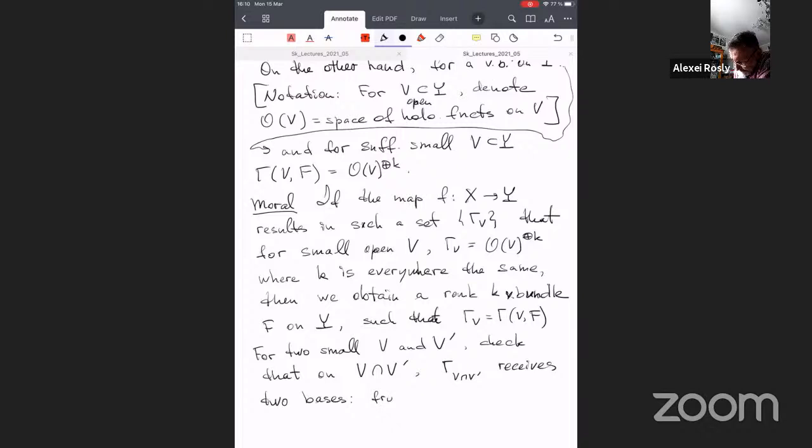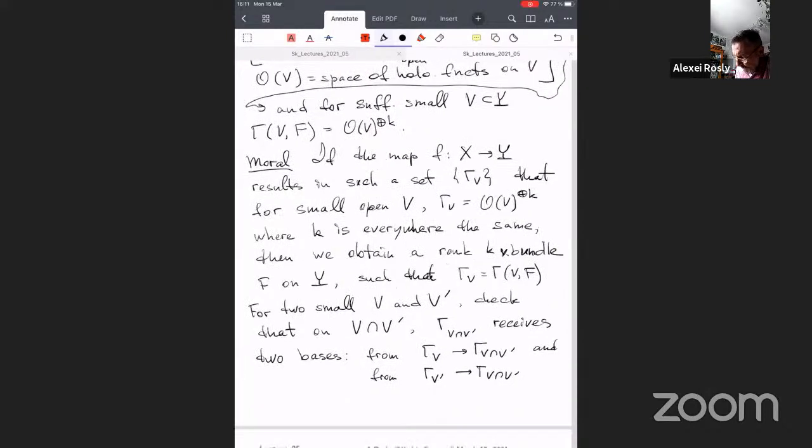One from the restriction map from gamma V, and one from gamma V prime. And these two bases will be related by a holomorphic matrix valued function. And these will become the transition functions of a new bundle.